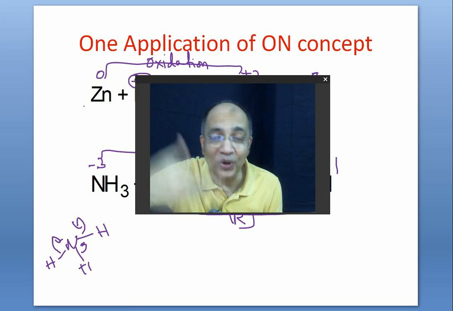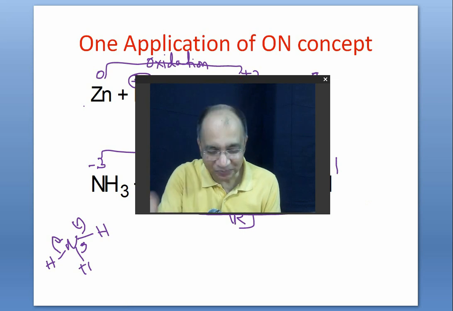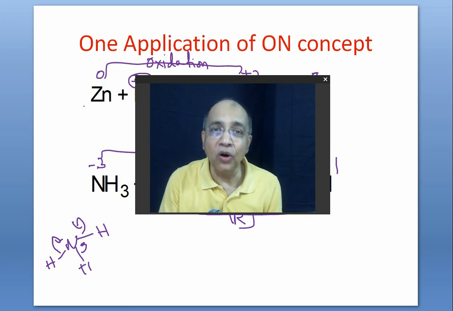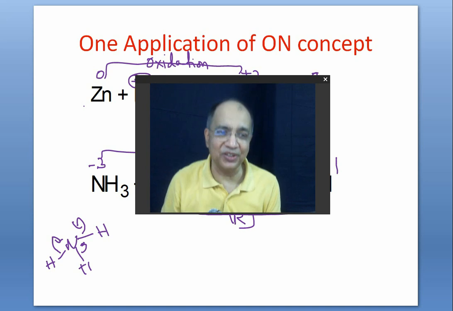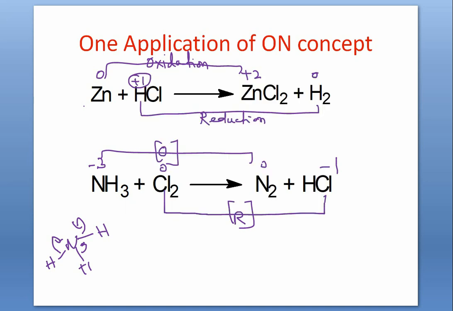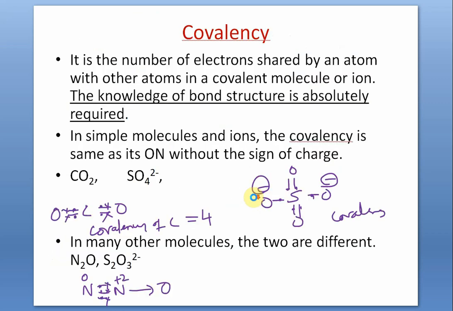As we unfold the intricacies, the interesting aspects of this logic of reaction, more and more we will know how oxidation number knowledge will help you in predicting reactions. So this is a task for you. You will do it. I am leaving this for you.